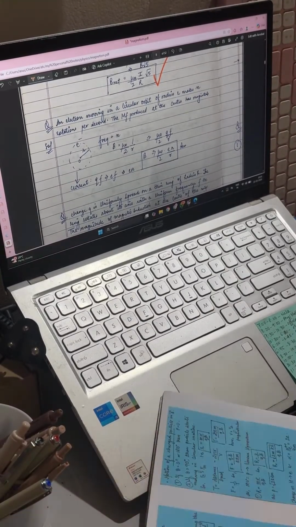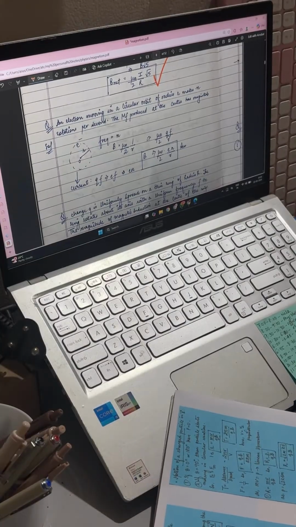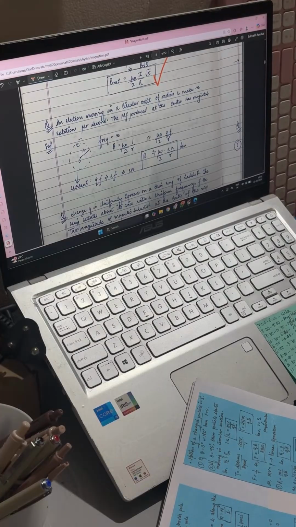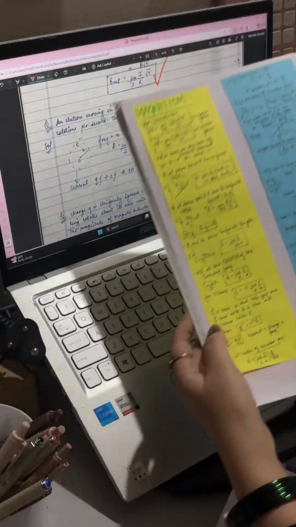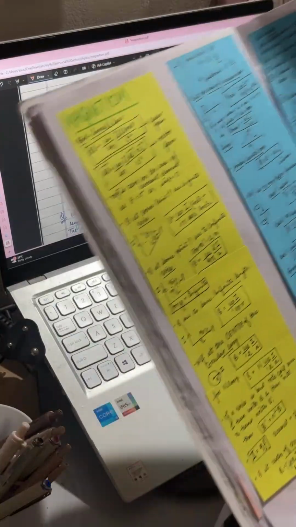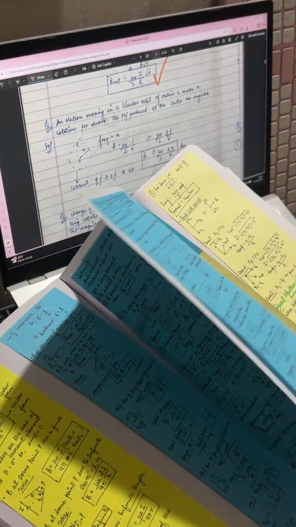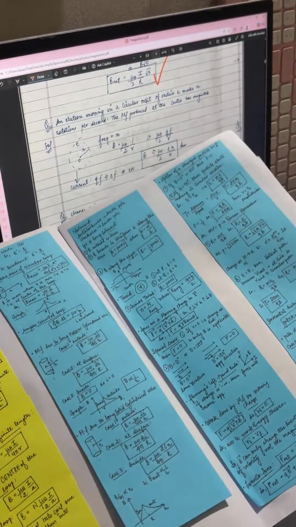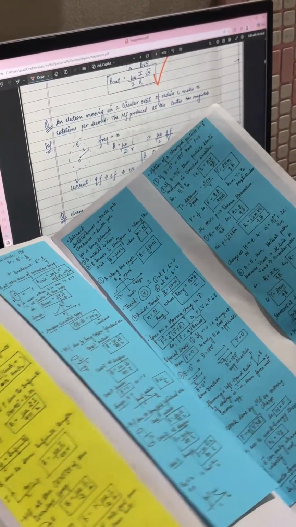Are you able to find my magnetism? Yes. Come on, we have done one strip. We are here right now. And there are 4 strips basically. 4 or 5? 5 strips. So there are a total of 5 strips here we need to cover.